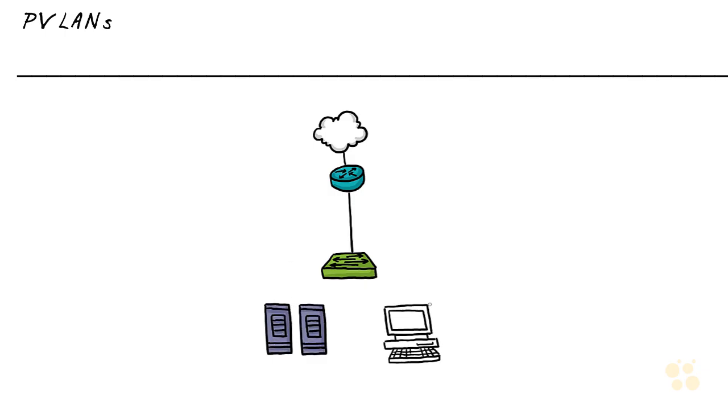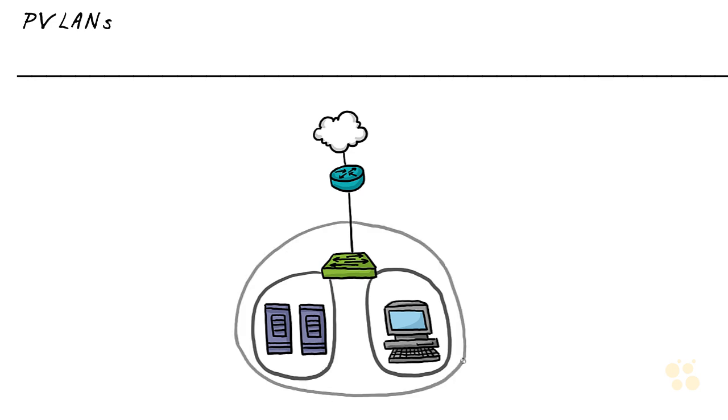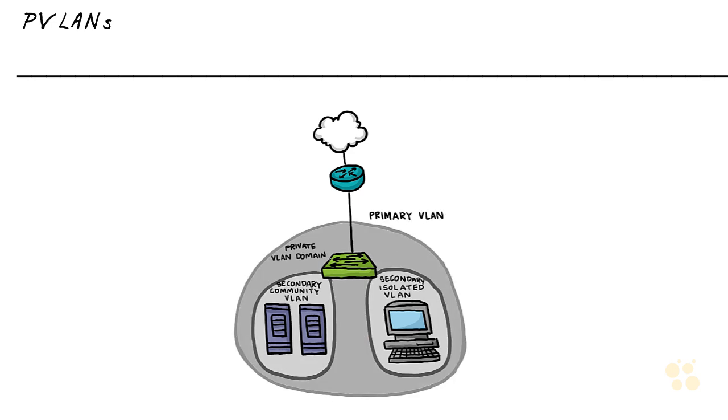With the Private VLAN functionality, we create a Private VLAN domain, and this domain consists of a primary VLAN, and then inside it we create secondary or sub VLANs. These sub VLANs can be of two different types, as you see here.